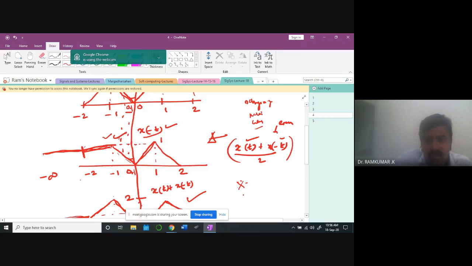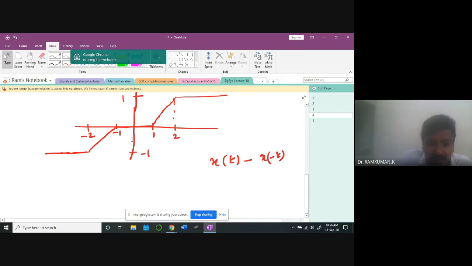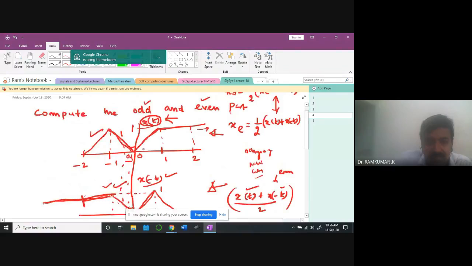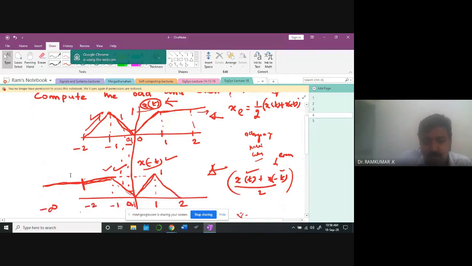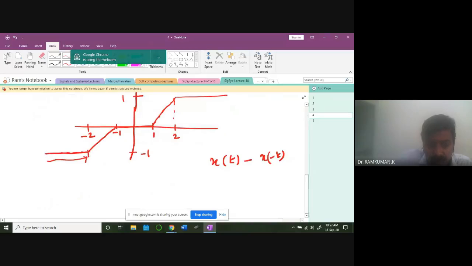And I'm going to put minus of x of minus t. It's going to start with this, till this point 2, and it's going to be minus 1. And then at 2, what happened? There is an increasing slope here, but this is a negative value of minus 1. So from a negative amplitude of minus 1, it's now moving with an increasing slope of 1 till this point, minus 1.